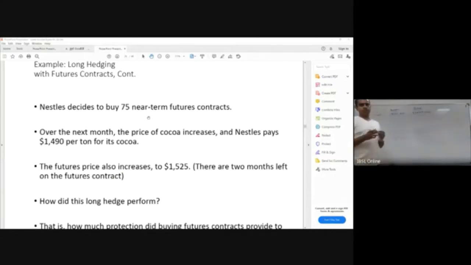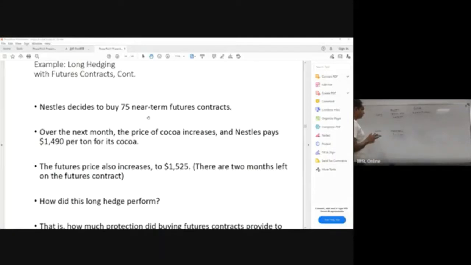For the next month, the price of cocoa increases and Nestle pays 1,490 for its cocoa. So if the price goes to 1,490, they will lose. From 1,400, if it increases, they will lose. They should have paid $1,050,000, but they end up paying 1,117,500.